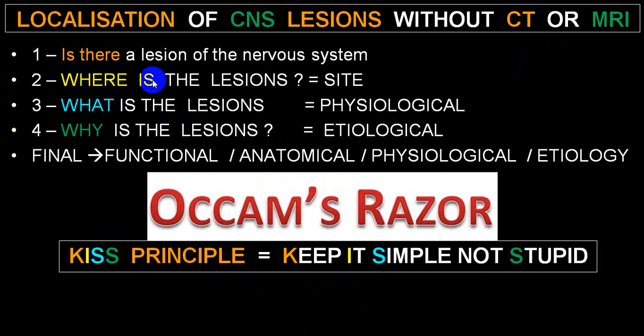So if you take a good history, do a good examination, and try to locate the site, the physiological damage, and the probable etiology, you will be able to come to the nearest diagnosis, which we call the final diagnosis. And then for confirmation, we might require investigations like CT, MRI, CSF examination, EEG, etc.